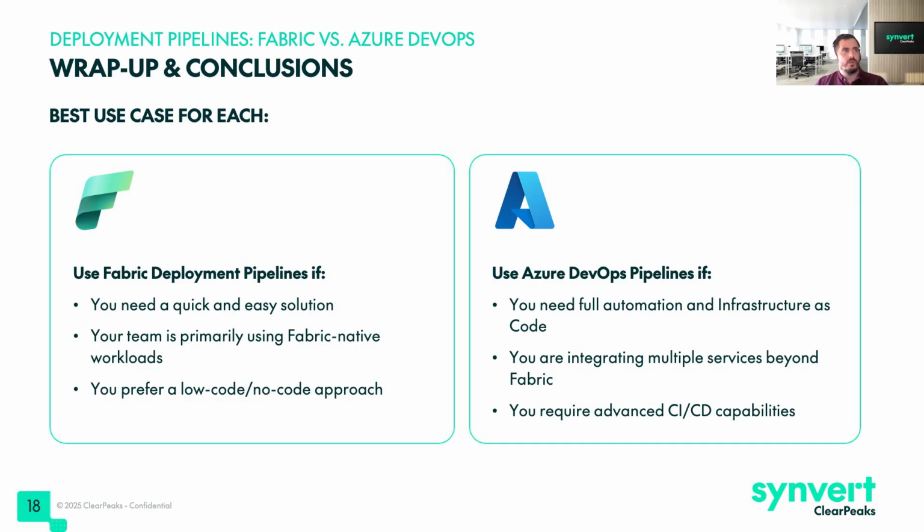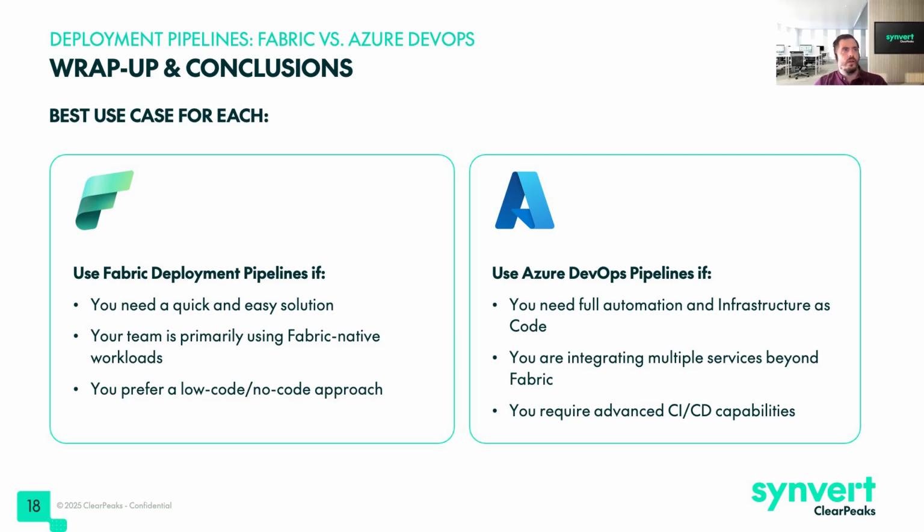Here, you also need to think about the technical level of your team, or which tools they are more comfortable with. So if your team is primarily using Fabric, or is more used to working with Power BI tools, here I would highly recommend going with Fabric and not relying on high-level coding solutions.